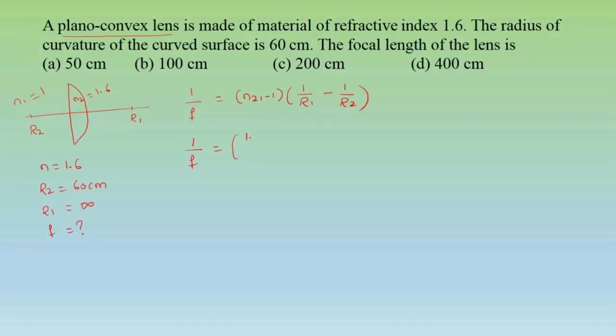So we can write (1.6 divided by 1 minus 1) into (1 by R1 minus 1 by R2). 1 by R1 is 1 by infinity, and R2 is 60 centimeter. Substituting the values, we get f equal to 1 divided by 0.01, which is 100 centimeter. So the focal length of the lens is 100 centimeter.